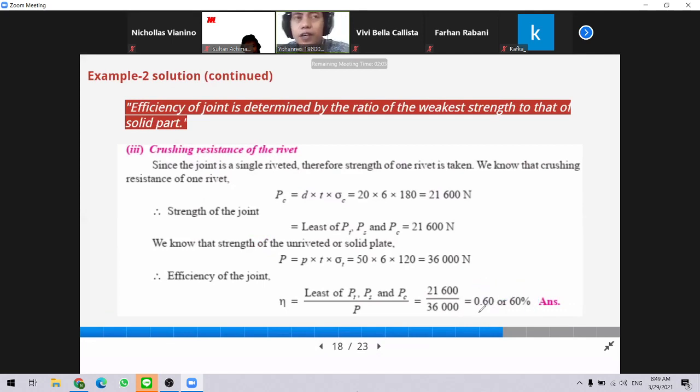And this efficiency is very low, only 60%. So people always try to find a method to increase this efficiency of joint.